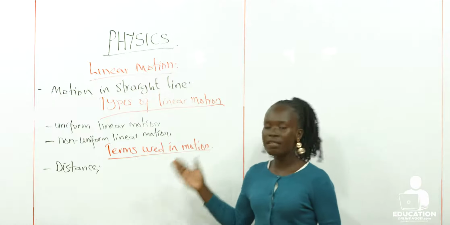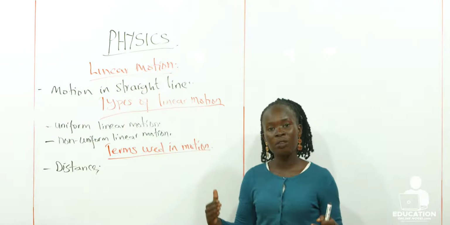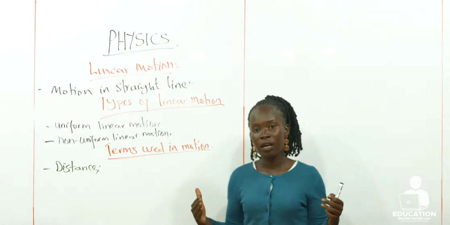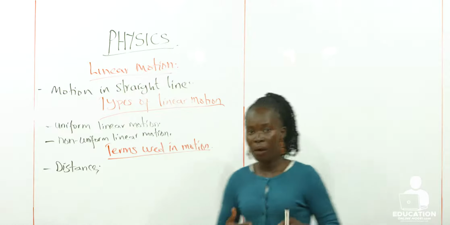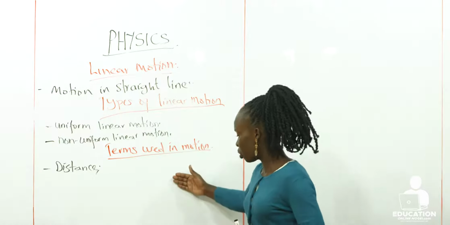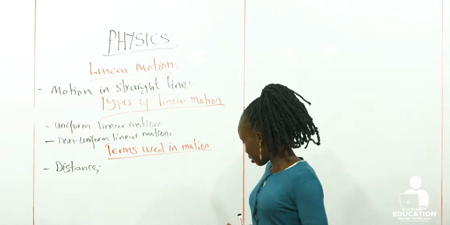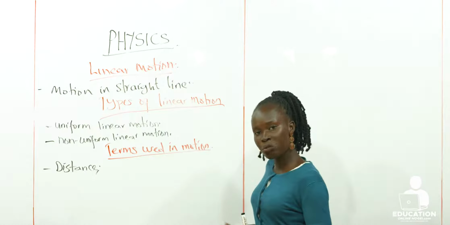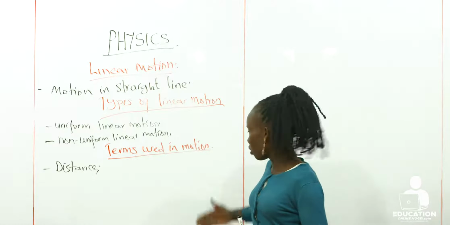We can say distance is just the space between 2 points. Just like I said before, me standing in front of the whiteboard, there is some distance between us. There is this empty space. If I want to touch this, then I have to come closer to have a direct contact with it.